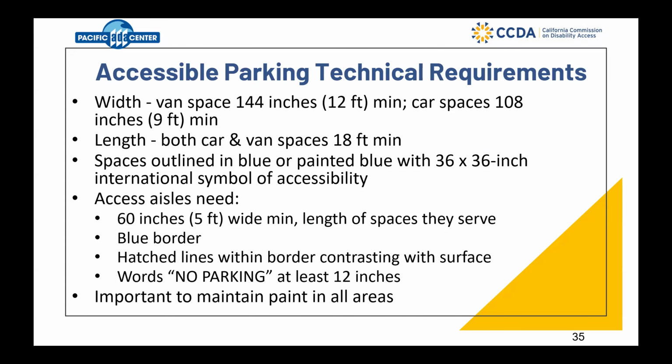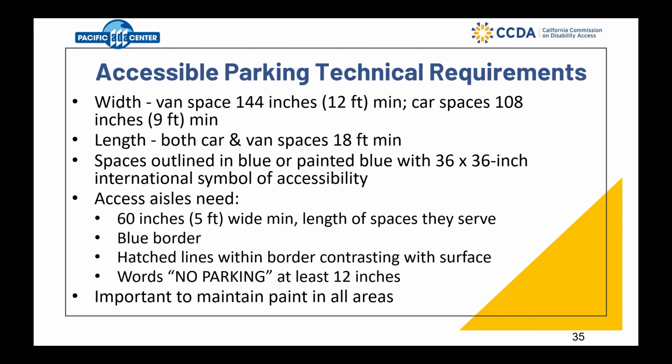That's the wheelchair symbol. And then the access aisle is the hatched area next to the accessible parking space, typically on the passenger side. That needs to be 60 inches or 5 feet wide and run the length of the space it serves.